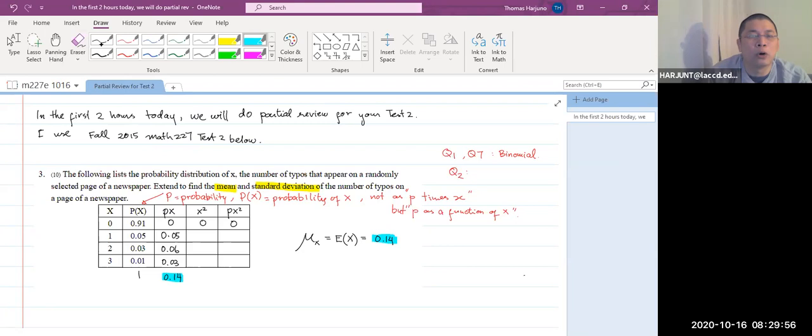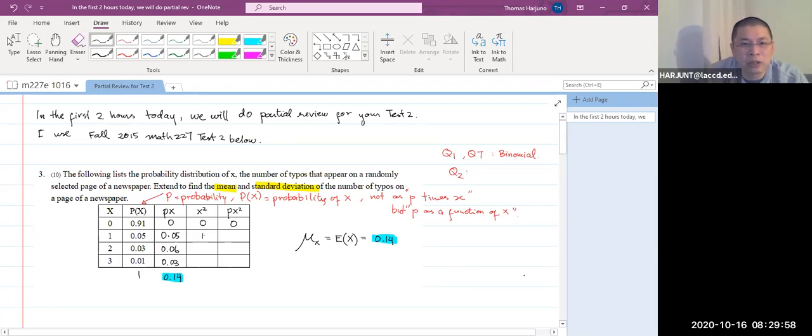Okay, now I go on with the second extension. X squared, this is 1, this is 4, this is 9, multiplied by the corresponding probability 0.05, 0.12, 0.09. This will be 0.26.